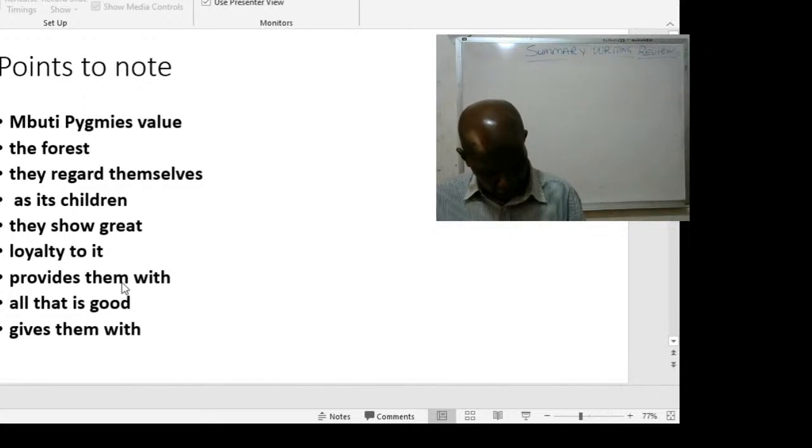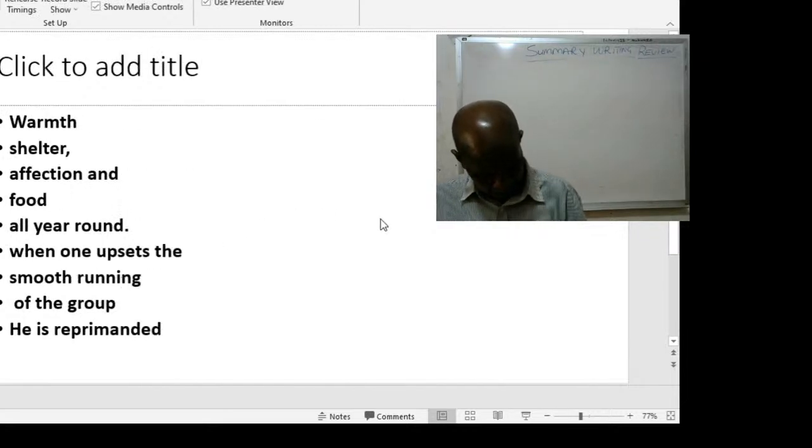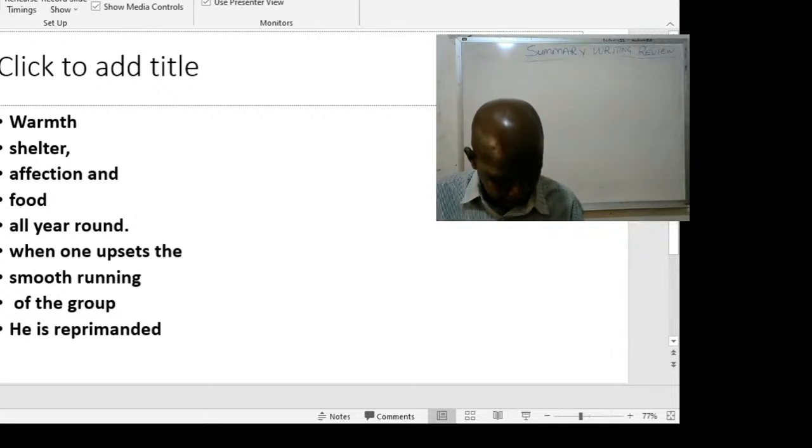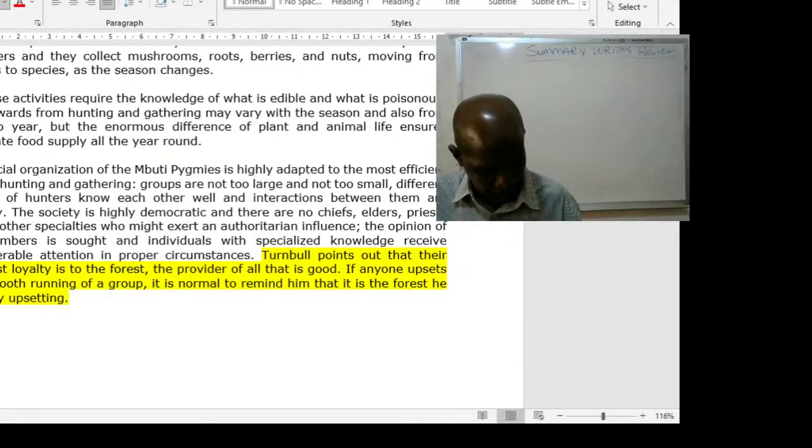The second question was, in about 100 words, the very last part of what we posted: summarize the possible and immediate threats to the existence of the Mbuti pygmies. What are these threats? Again, they're according to the writer. Why does the writer think that these people are threatened? Give those ideas in about 100 words.